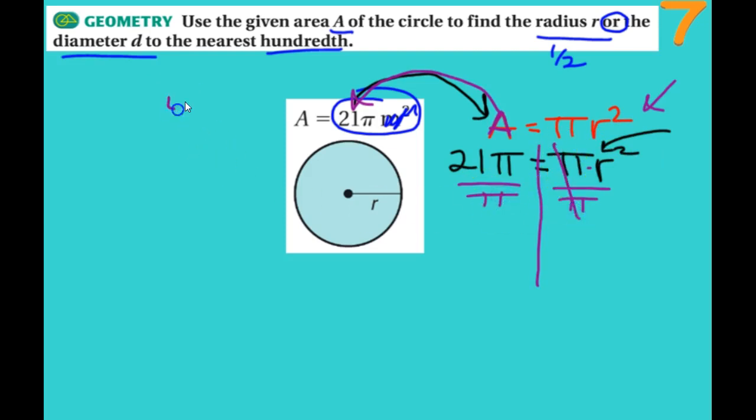Pi over pi is just like 4 over 4, or 2 over 2. It's really just 1. So those eliminate. 21 times 1 is still 21. And then we just have 21 equals r squared. So let's get rid of the squared by taking the square root. Could be a plus or a minus the square root of 21.